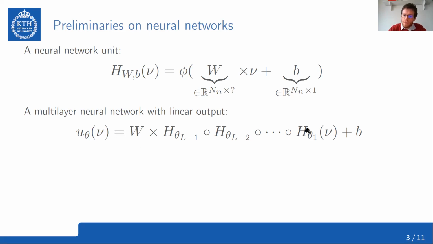You do first one layer, then two layers, and up to L-1 layers. And then, since you want a linear output, because we want a function that does not saturate, for instance, we multiply it by W and add b. So this is the neural network that we will consider in the sequel. This is also called a multi-layer perceptron.